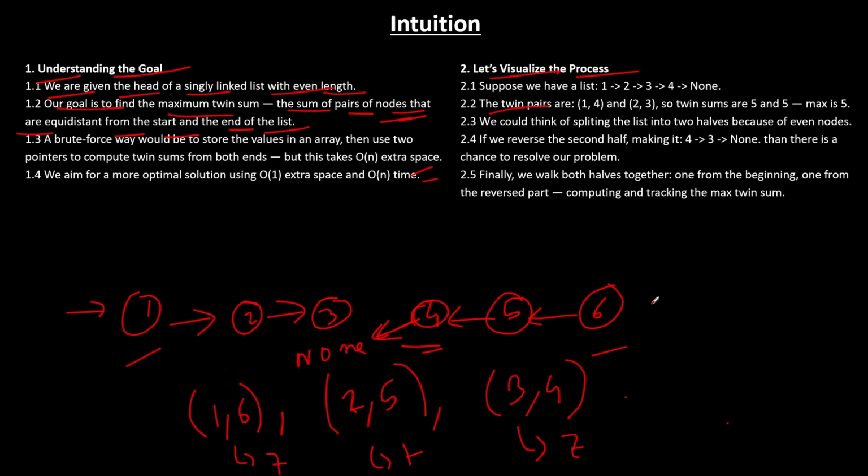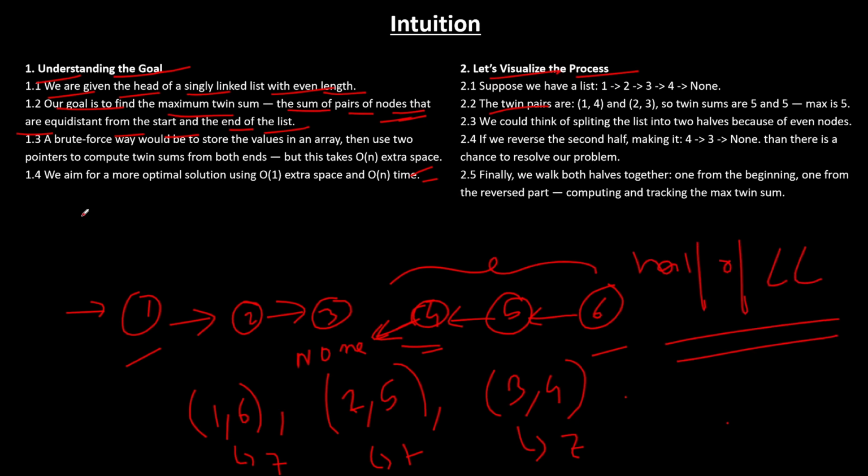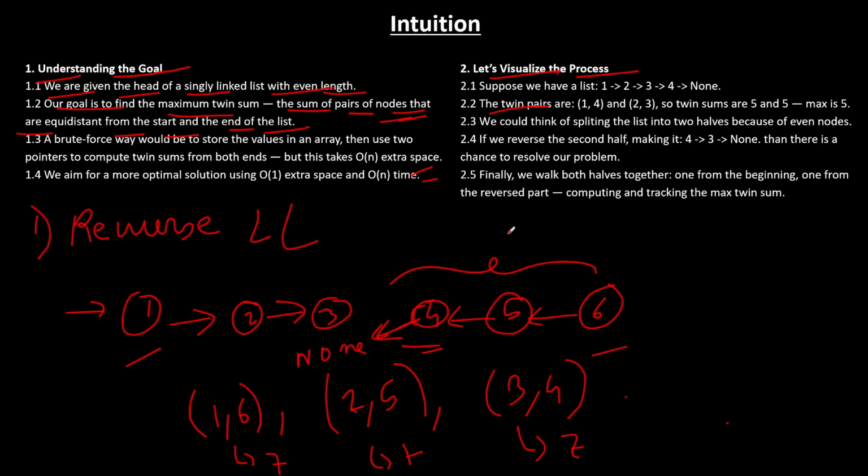So what we are doing here is basically reversing half of the linked list, right? So point one, we reverse the linked list. Fine. What could be the second point? The second point is how you will decide when to divide the linked list into half and reverse.